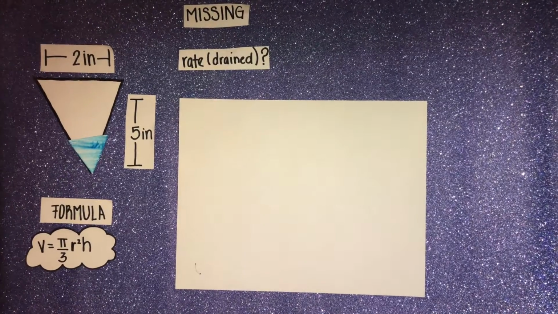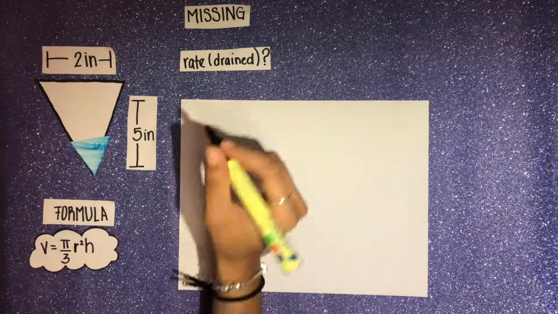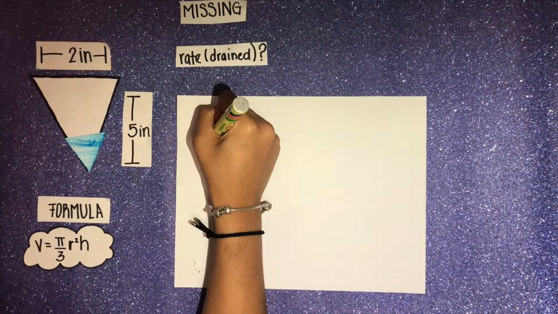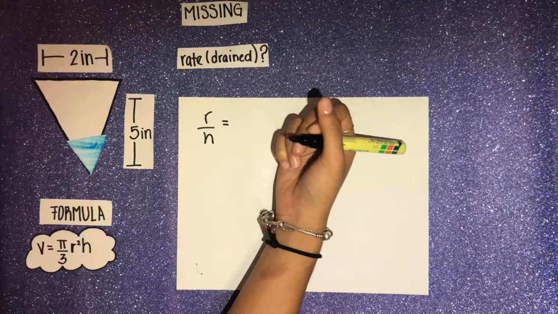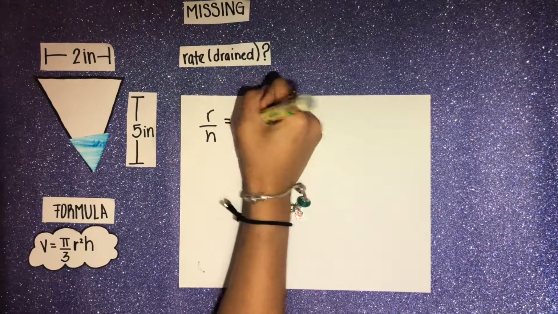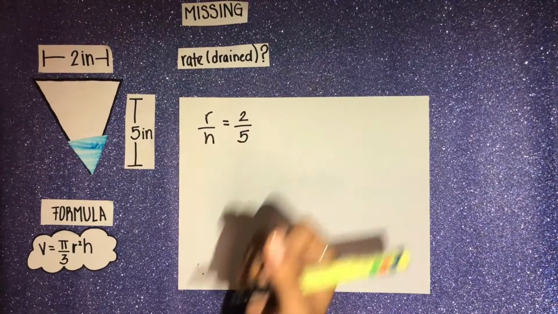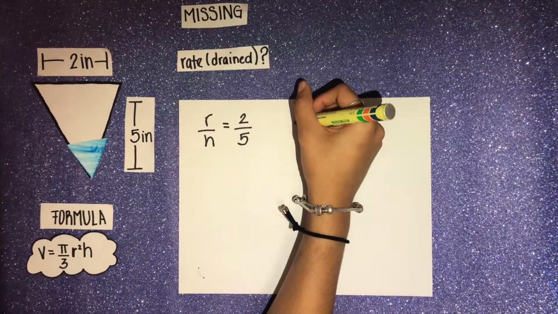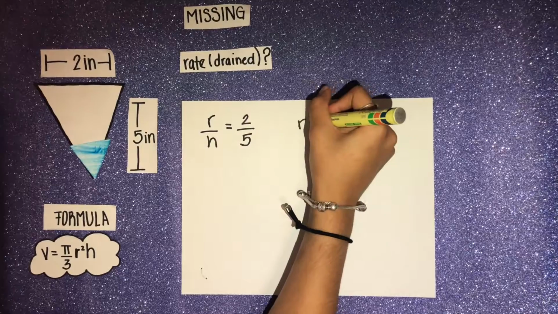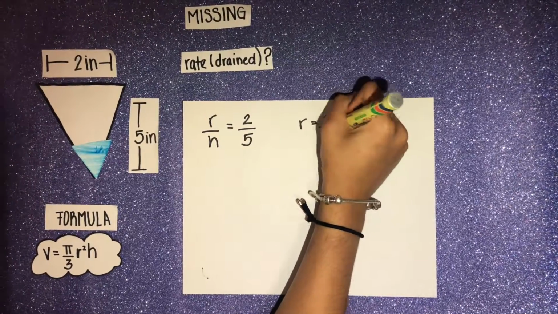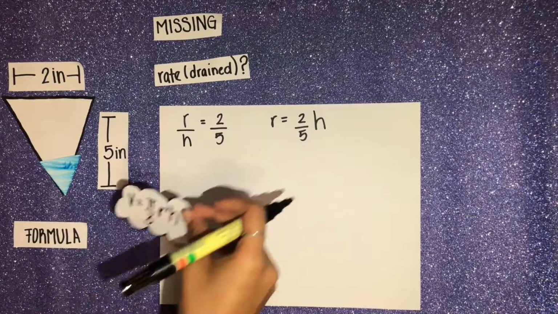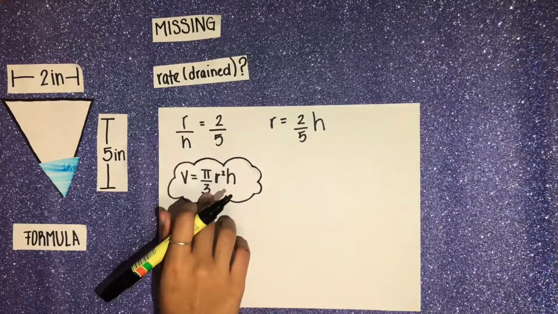And to do that, we use a simple cross product of similar right triangles. We isolate for radius, passing the edge to the other side. So now we only have to replace the values into the formula.